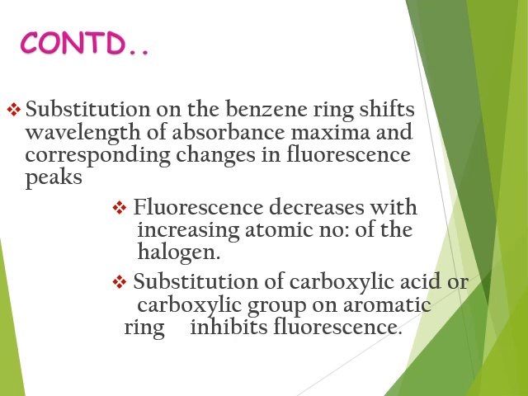Electron withdrawing groups such as COOH, NO2, nitro, azo group, bromide, iodide tend to reduce the fluorescence peak. The fluorescence decreases with increasing atomic number of the halogen as well.